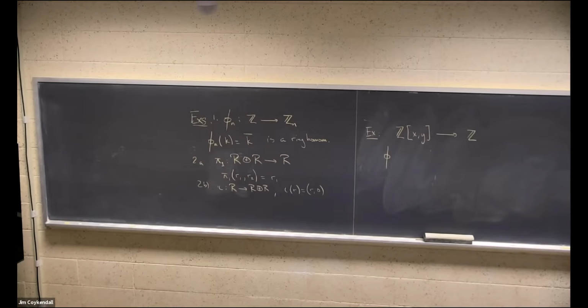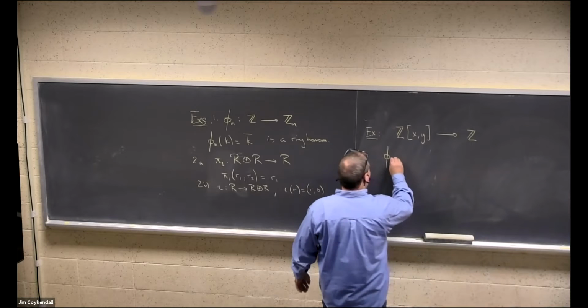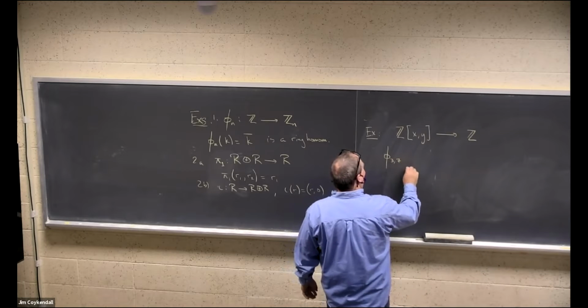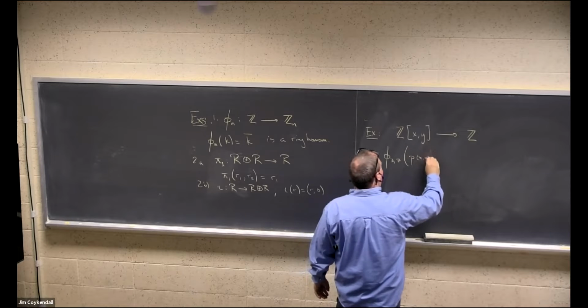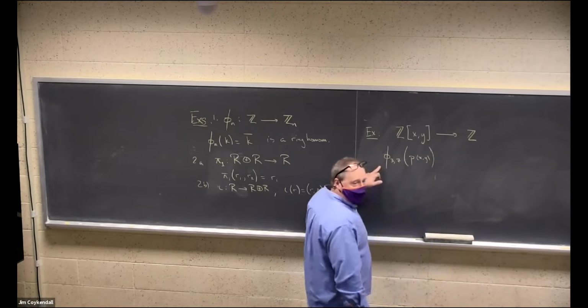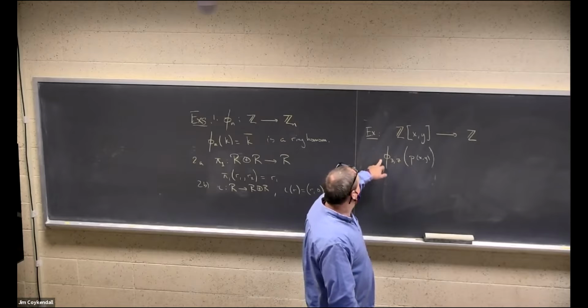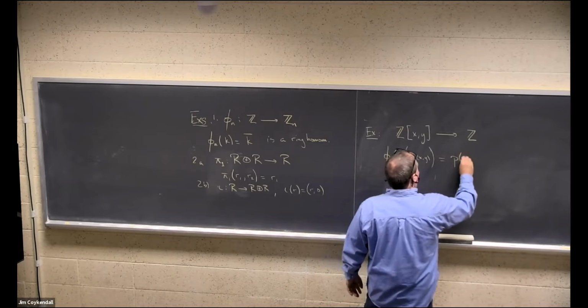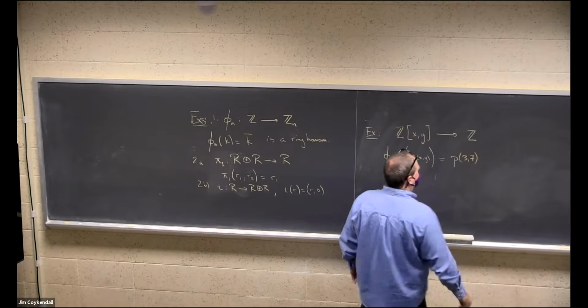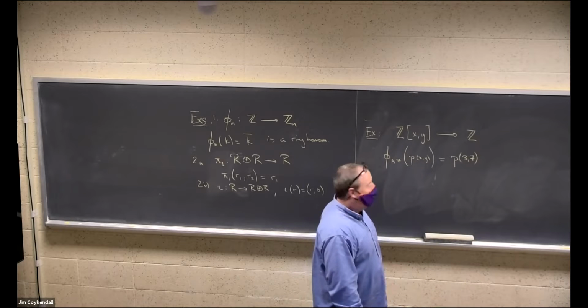Here, give me two integers. In honor of his choices, I'm going to call this phi 3,7.